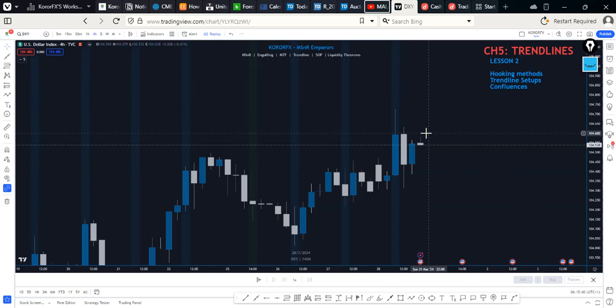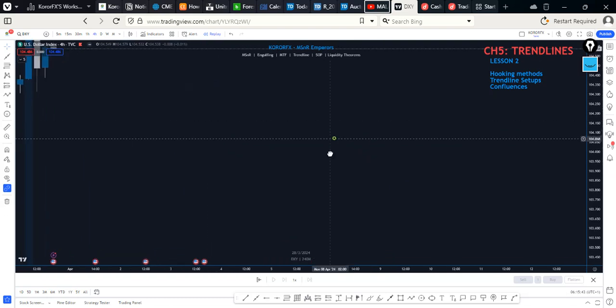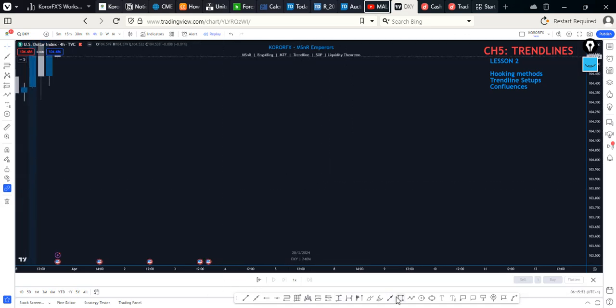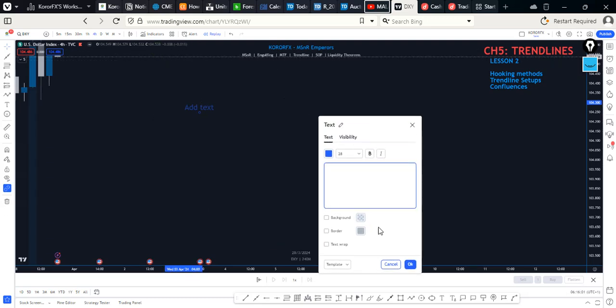Hooking methods: we have to understand that trend lines are really represented by support and resistance. So what is a support trend line and what is a resistance trend line? When it comes to a resistance TL, it means we focus on the body bullish, all the bullish body candles.